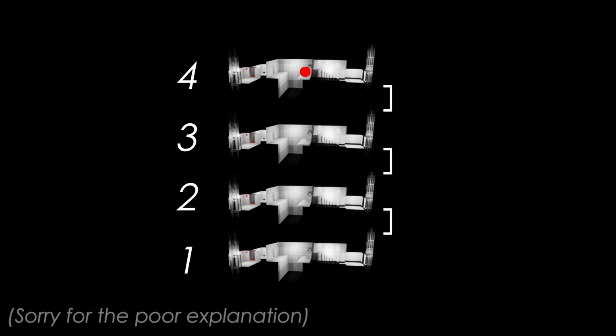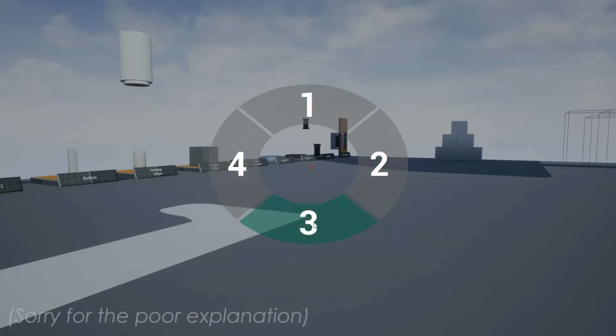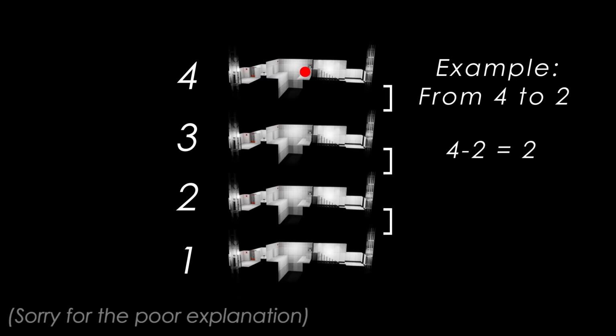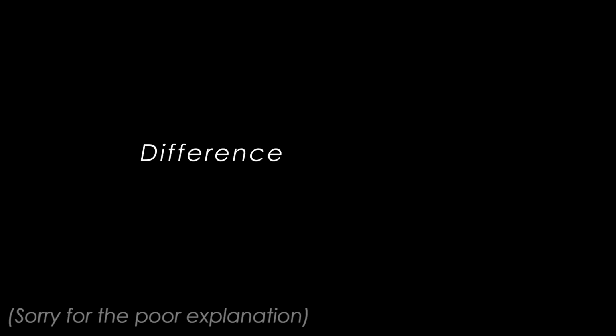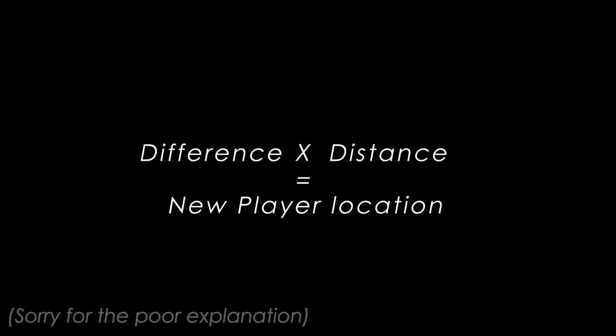So all I had to do was get the value of the dimension you were trying to go to, which was linked to the buttons, so dimension 1, 2, 3, or 4, and then either subtract that from the current dimension that you're in if you're going down, or subtract your current dimension from the one you want to go to if you're going up. And then with the difference of those numbers, I multiply it by the distance between the dimensions and teleport the player up or down.